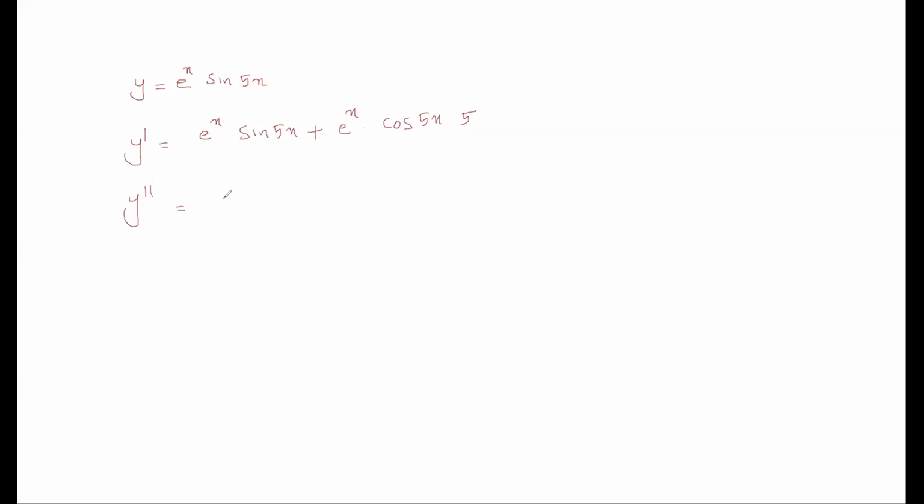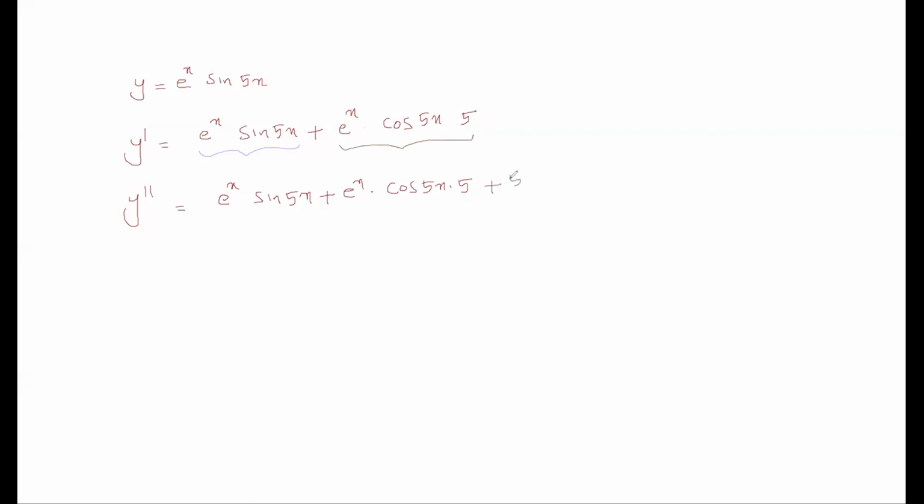So derivative of first, e to the power x derivative e to the power x into second, plus first into derivative of second, cos 5x into 5. So that much is finished.